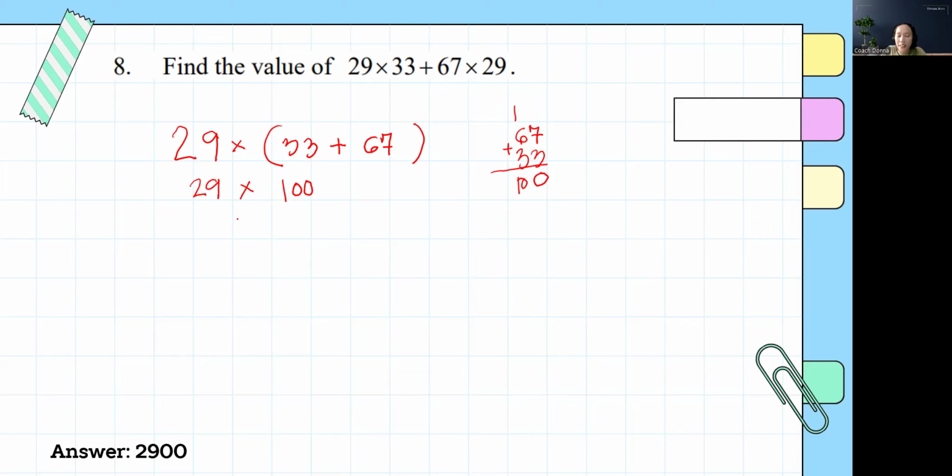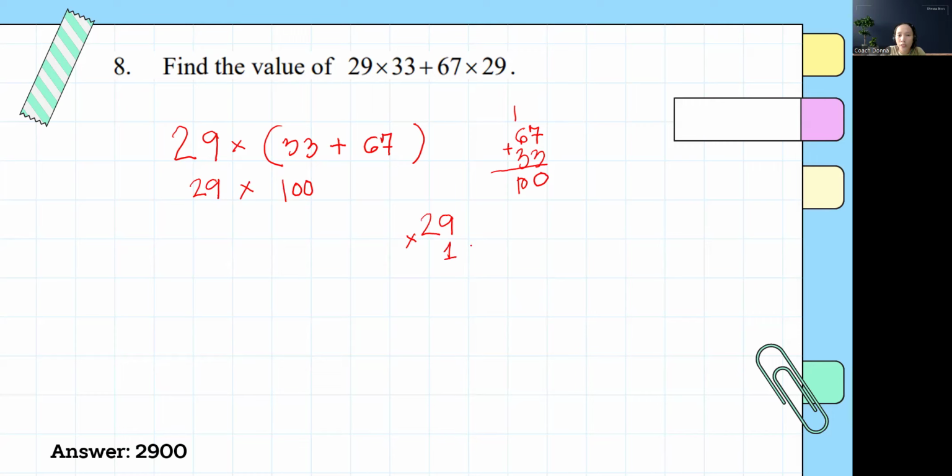Remember the technique wherein when you're multiplying a number that ends in zeros, you can just multiply the non-zero digit. Okay, let's show that here.